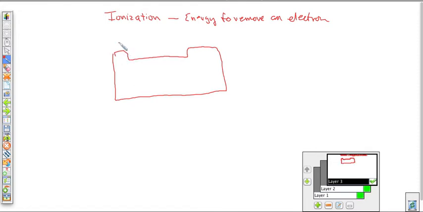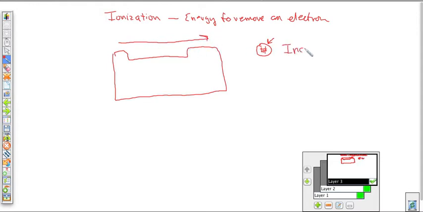As you go from left to right, the atom is actually getting smaller, because we have the same energy level but we're adding more and more positive charges. The nucleus is getting bigger, but all these electrons are still in the same shell. So the more positive nucleus you add, the closer it pulls in, and therefore the harder it is to remove an electron. So the energy to remove an electron as you go from left to right increases.